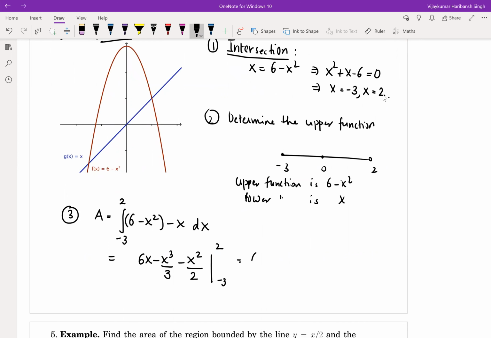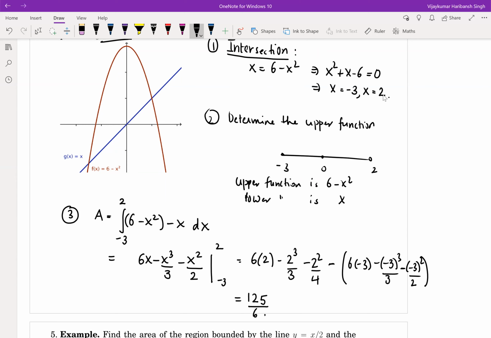This is going to be 6 times 2 minus 2 cubed by 3 minus 2 squared by 2, minus, now you substitute the lower limit, 6 times minus 3 minus (minus 3 cubed by 3) minus (minus 3 squared by 2). And when you simplify, you will see that the answer is indeed 125 over 6. Okay, so this is your answer.